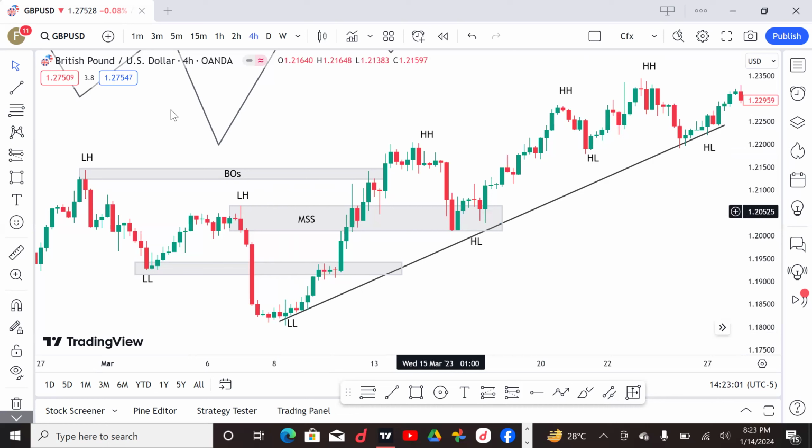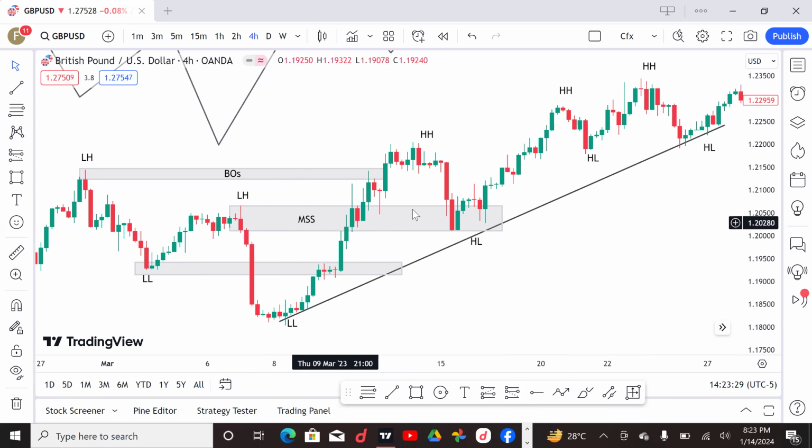Remember I told you, those order blocks are just like a magnet. Price will draw back to them before it can rally up.